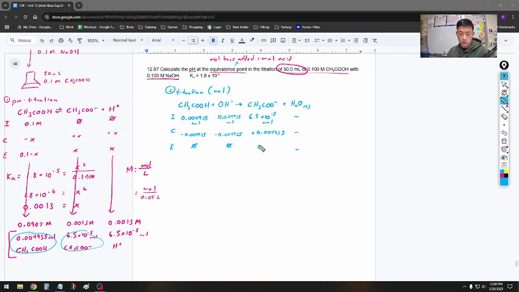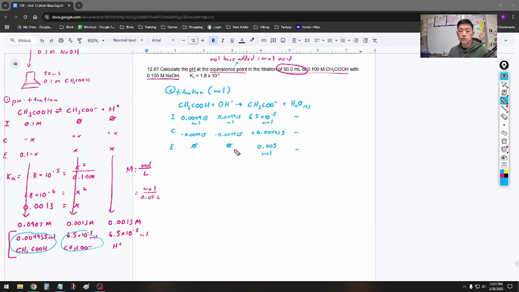So you're going to end up with 0.005, and this is going to be moles of our conjugate base. So what's happening is you start with your acid, you titrate in base until it reaches equivalence point, so you end up with none, and you are left over with your conjugate base, the anion.